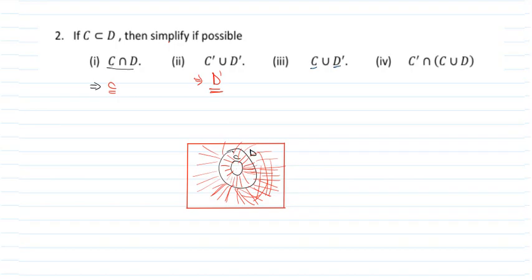With the D complement. This will be very difficult to trace because the region here, we want to unite C region with the outside D. How can we do this?